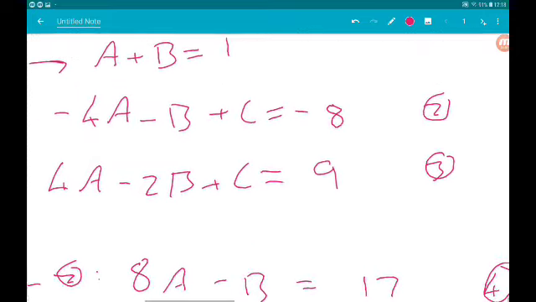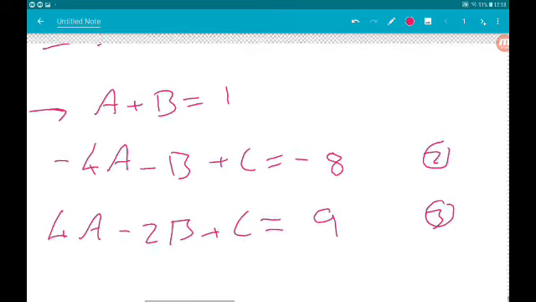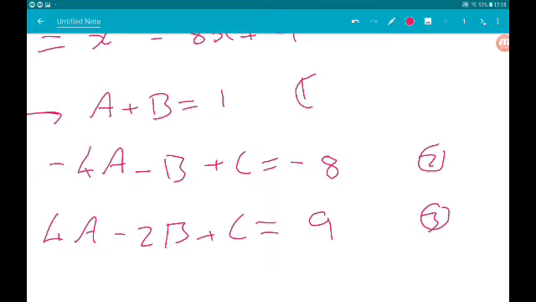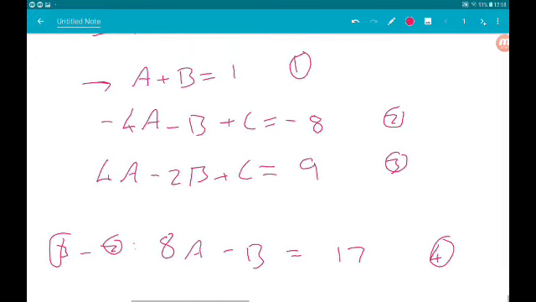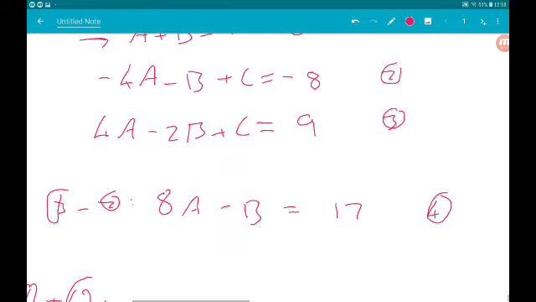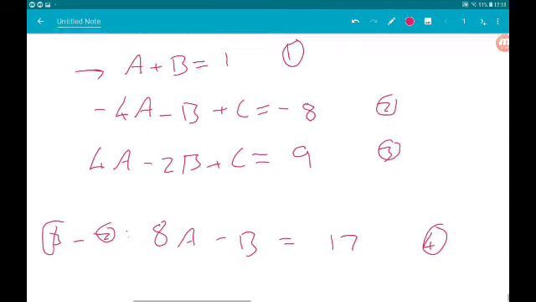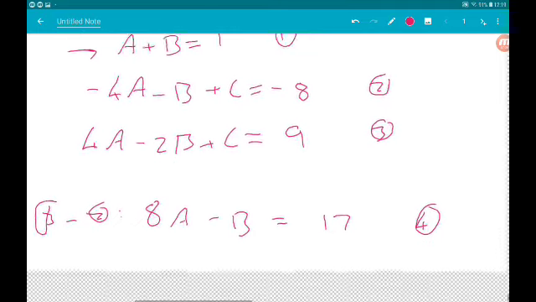Now, using equation 1 and equation 4, we can now eliminate B. So if we add equation 1 and equation 4, we get 8A and 1A is 9A.